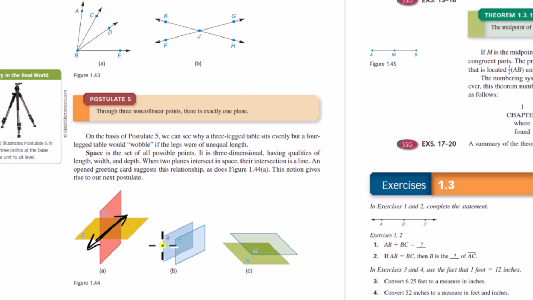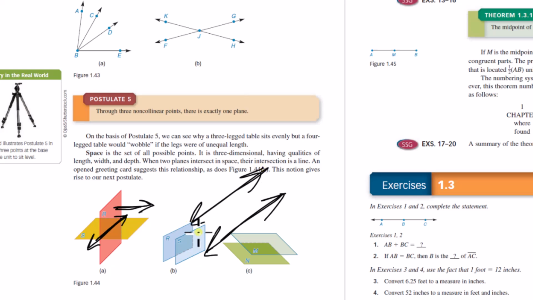And just to note, it's similar to lines. If you shifted this plane over without changing its orientation, it's a different plane. It's like the idea that you can have a line with a certain slope, and if you shifted the line without changing its slope, that's a different line.